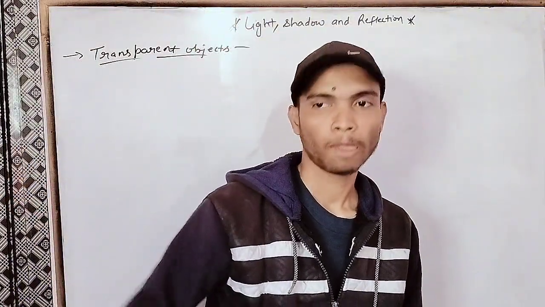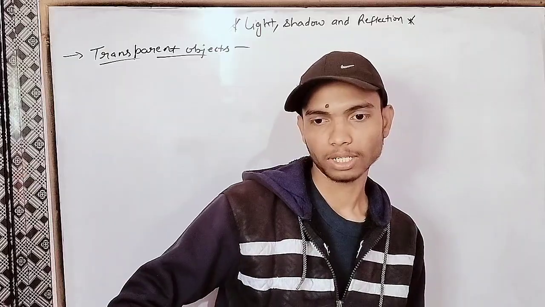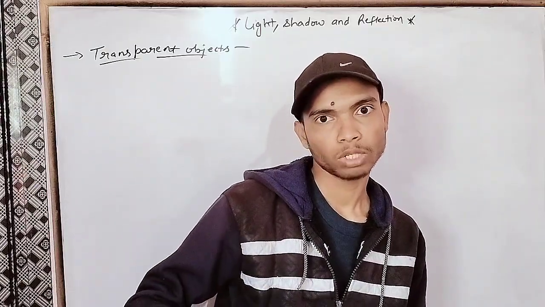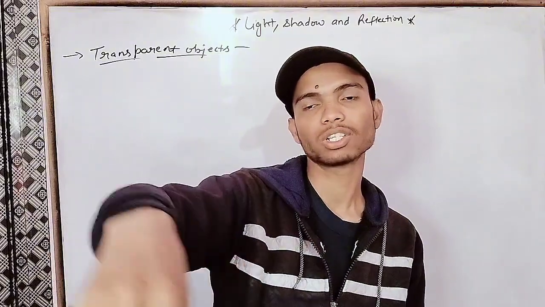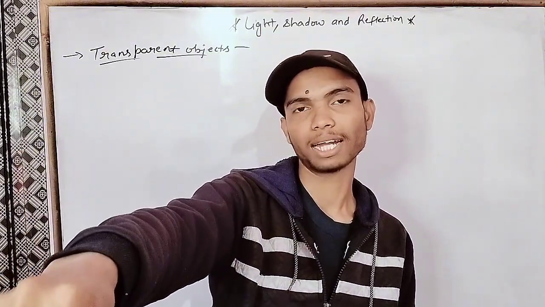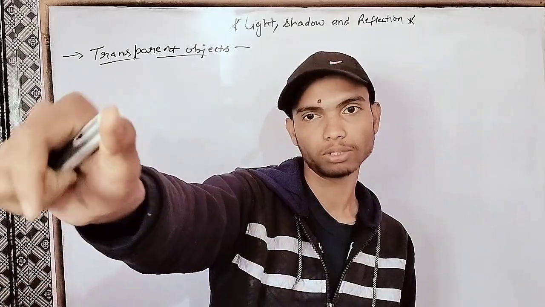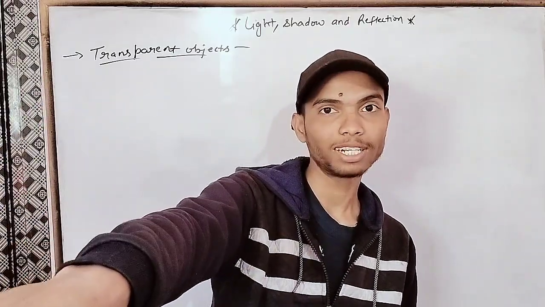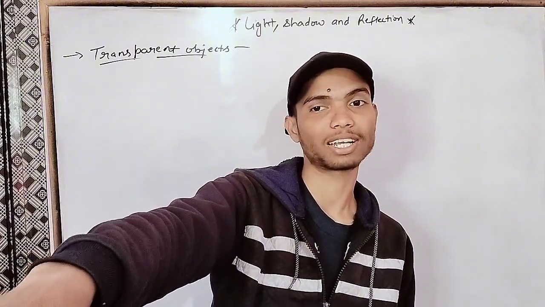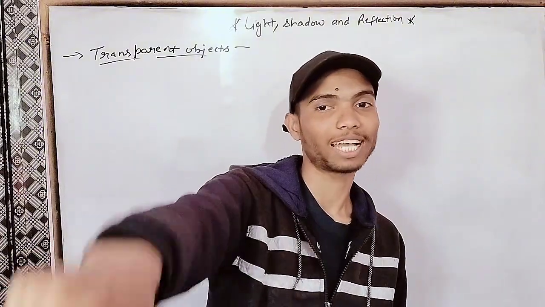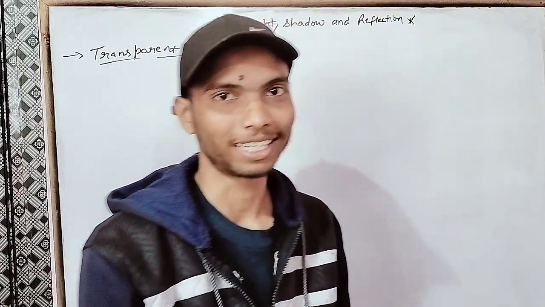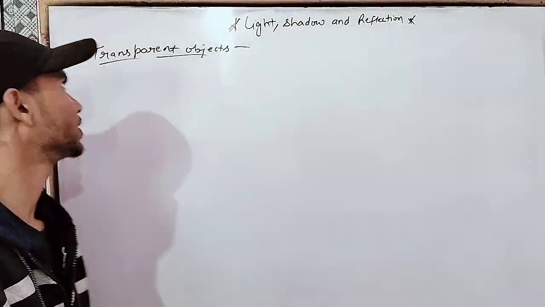Which means we are on one side, and in front of us there is an object, and we want to see the area behind that object. If we are able to, then we say this is a transparent object. That's why we can see the area behind it. Okay, did you understand?